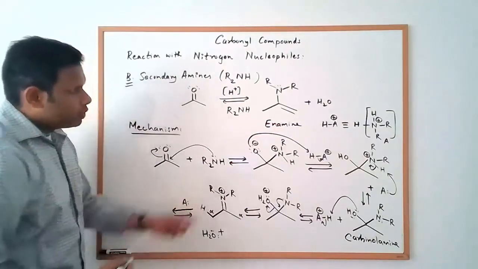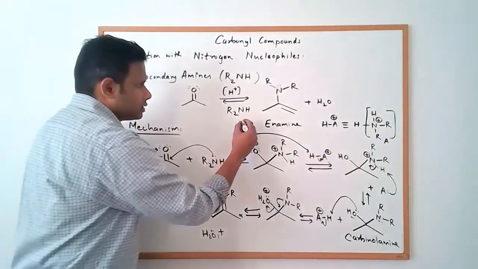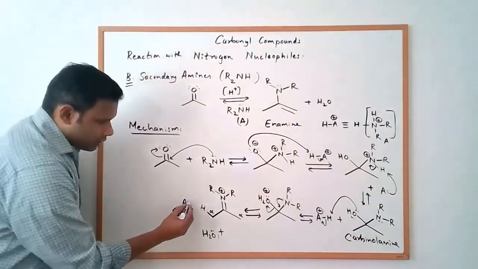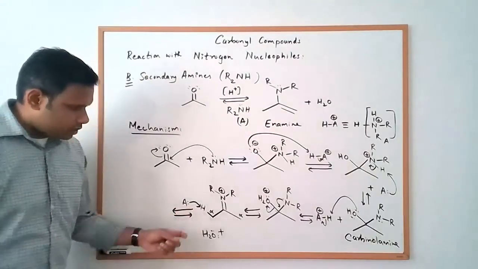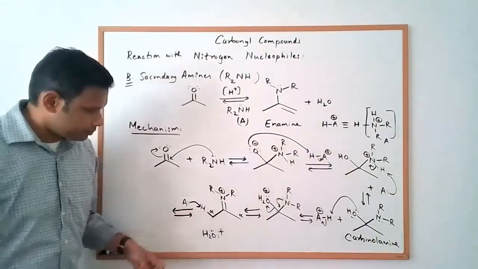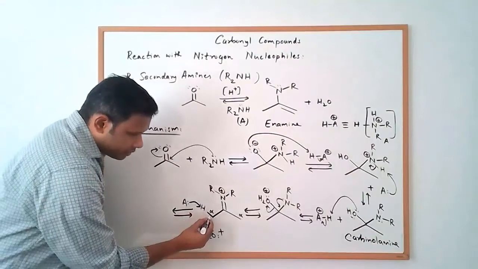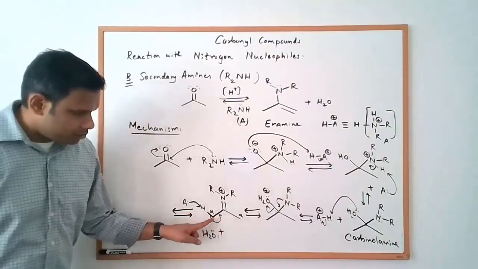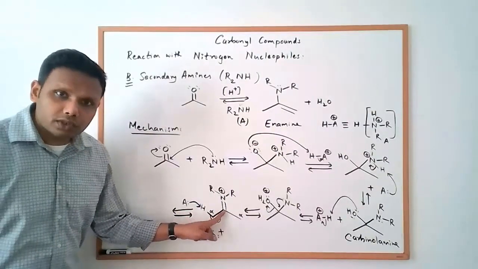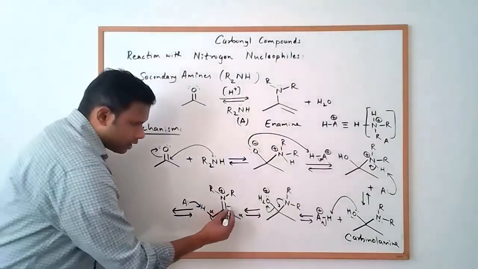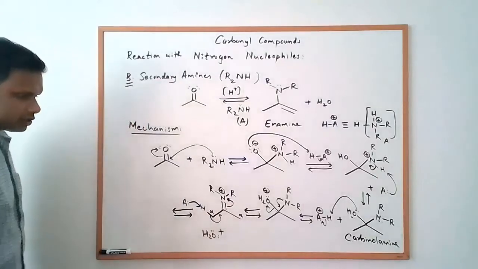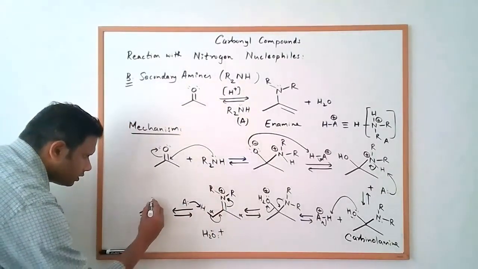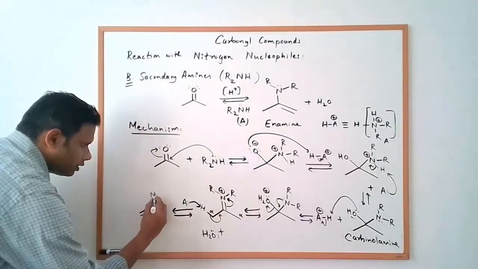So A, which is this amine, okay, this is what we are referring to as A here. The amine can now deprotonate that alpha hydrogen. As that happens, this electron pair from that bond goes into the space between the alpha carbon and what was the carbonyl carbon, and the double bond goes to the nitrogen. So if you follow those electron pushes, what we got is the enamine, okay?